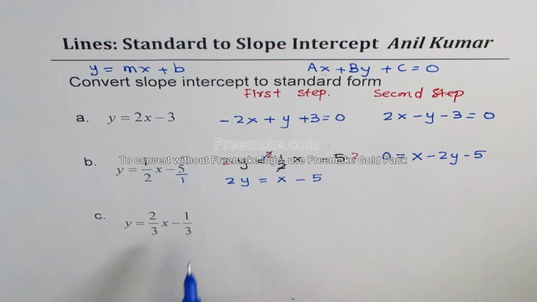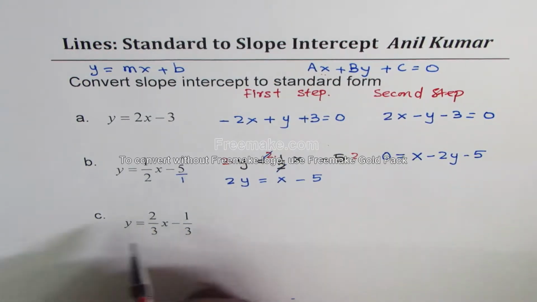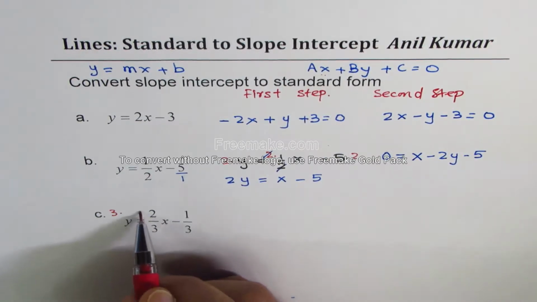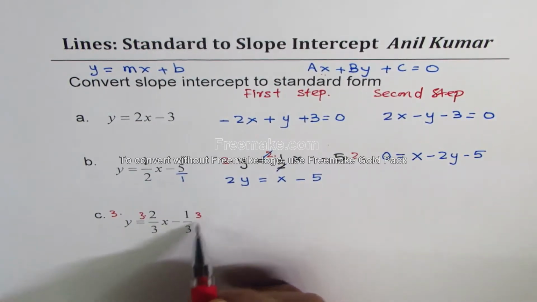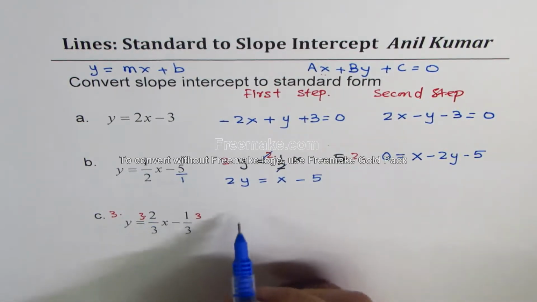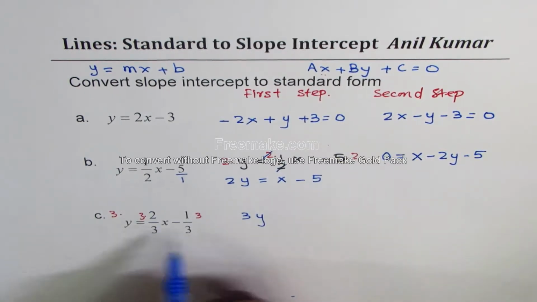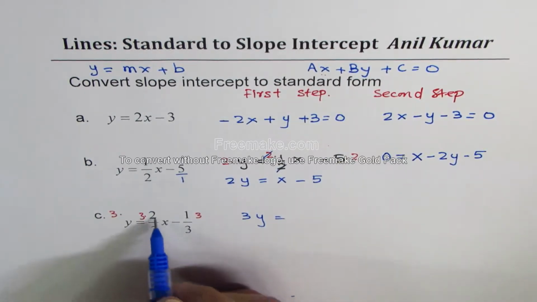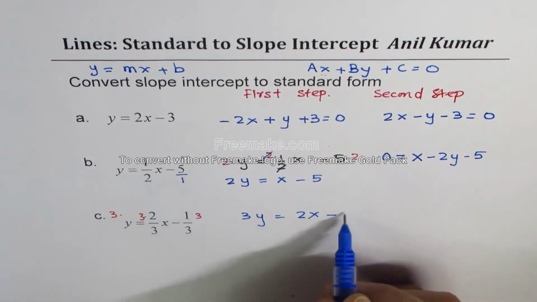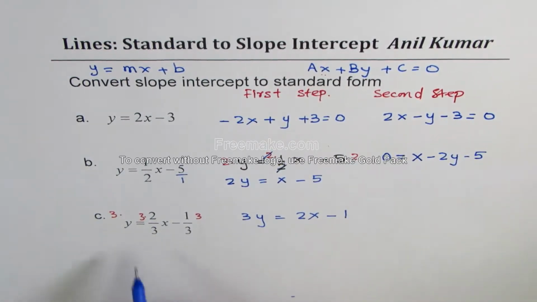Do you get it? In this equation, what should I do? Well, I should multiply everything by 3. That will ensure that I have an equation without fractions. What I get here is 3y equals, 3 and 3 cancel, 2x minus, 3 and 3 cancel, minus 1, right? I'm writing here to show you what I have done.